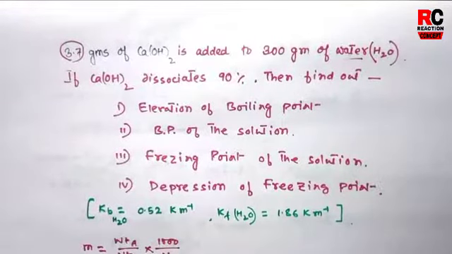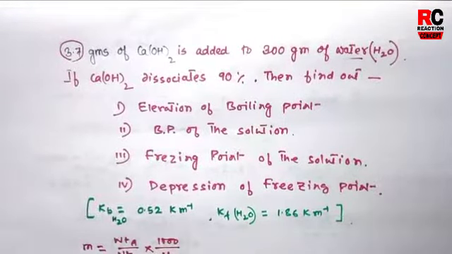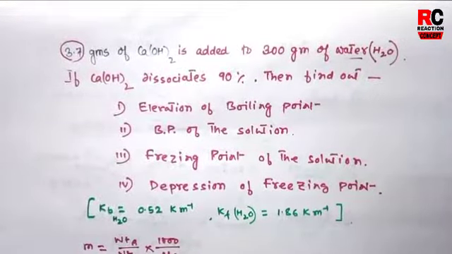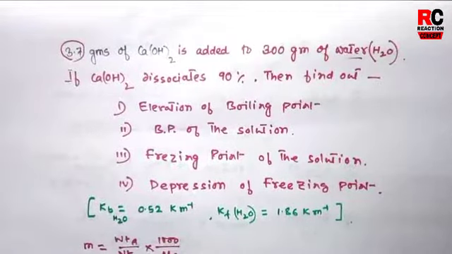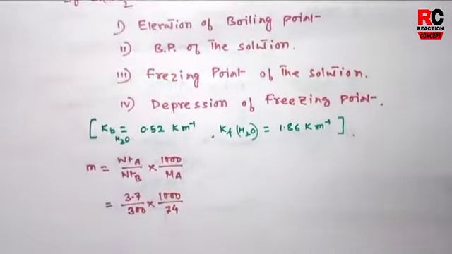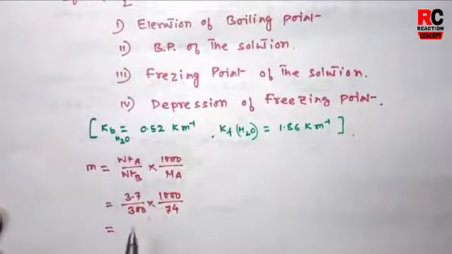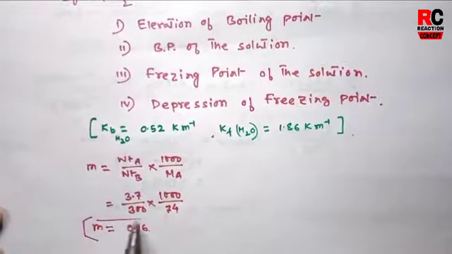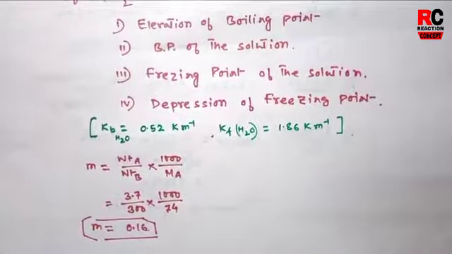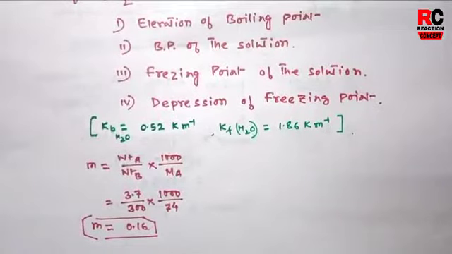So weight of the solute is 3.7 gram divided by 300 gram, into 1000 divided by 74. If we calculate this, we get a value of 0.16 molal. So the molality of this solution would be 0.16.